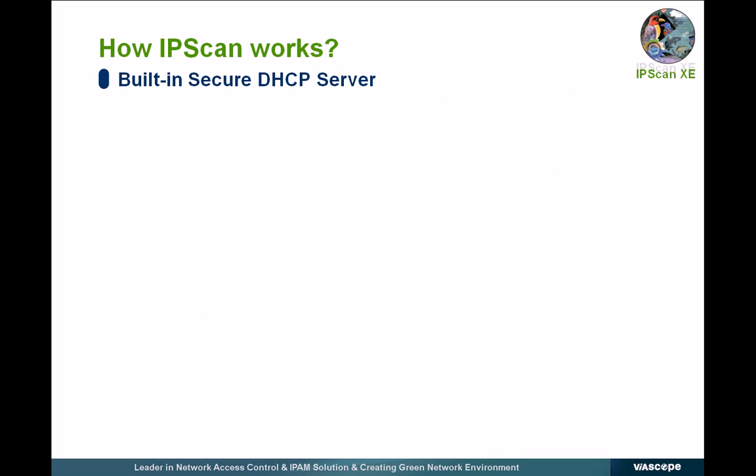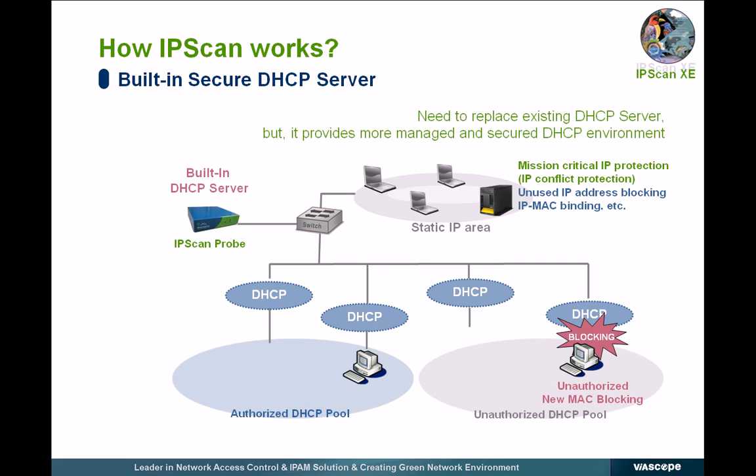IPscan is equipped with its own DHCP server and provides a perfect environment for DHCP demanding companies. As mentioned before, major network devices such as the DHCP server that needs to use the static IP can protect important devices from possible IP conflict and use the DHCP reservation function to assign reserved IPs to authorized users.